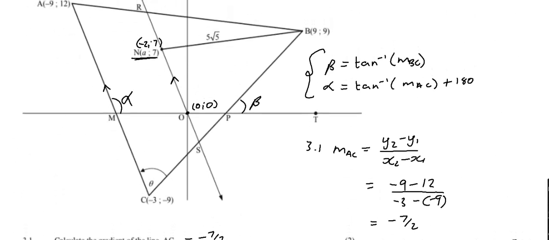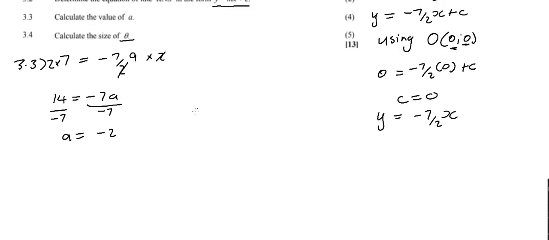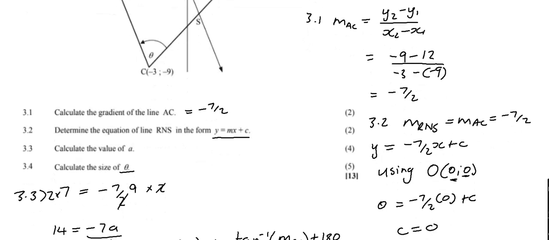In order for us to find beta, we have to first find the gradient of BC. But let's start with alpha. We just said alpha is going to be equal to arctan of the gradient of AC, and then we add 180 to that. What is the gradient of AC? This is arctan of, what was the value? It was -7/2.